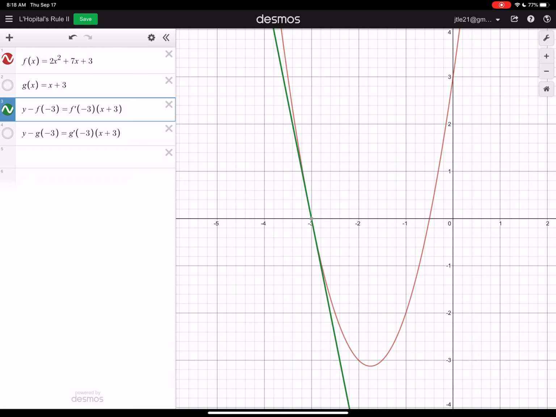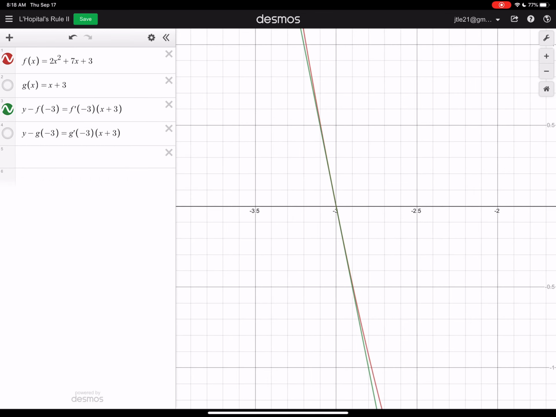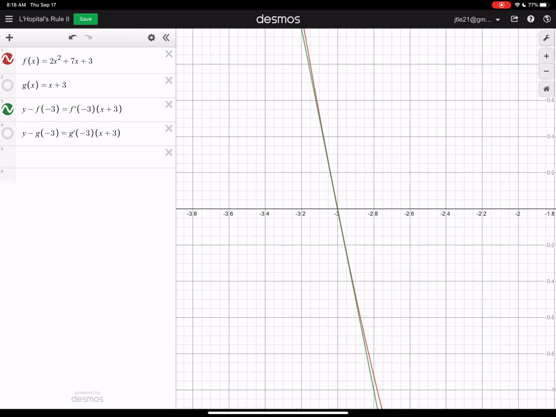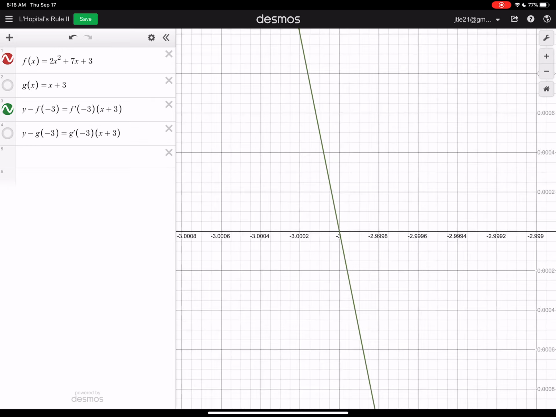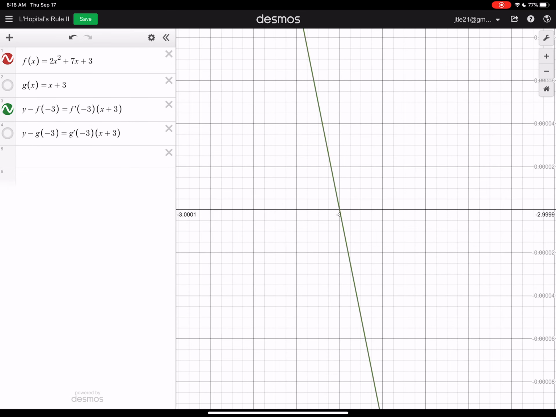He noticed that if we got arbitrarily close, okay, so right now, I can definitely tell which one is the parabola and which one is the line, okay, besides the color, okay? They definitely separate. But he said, Hopital said, if we got arbitrarily close, okay, besides the color, you can't really tell which one's which. They actually overlap, okay?